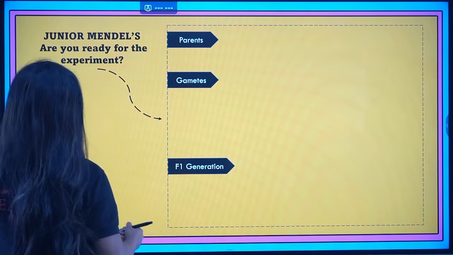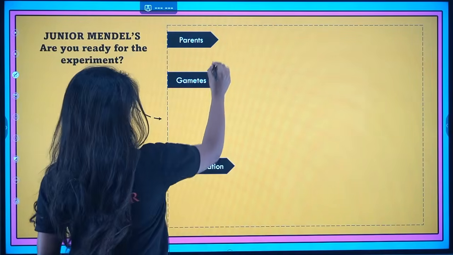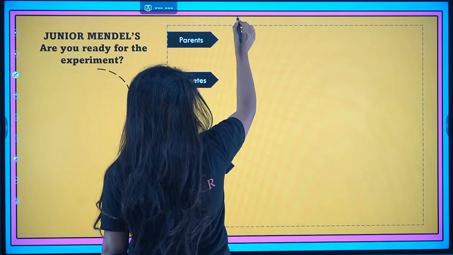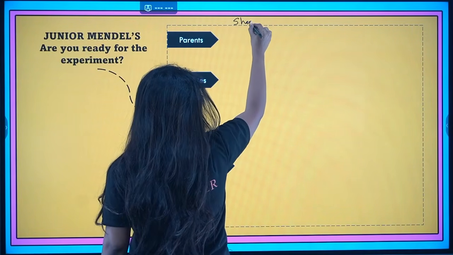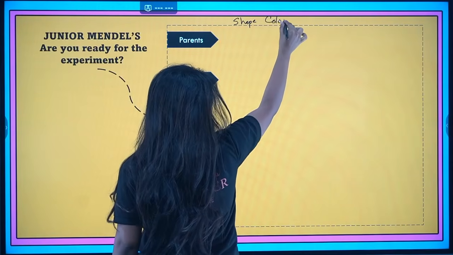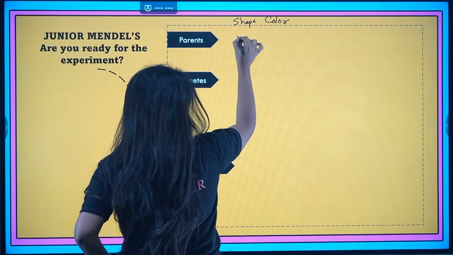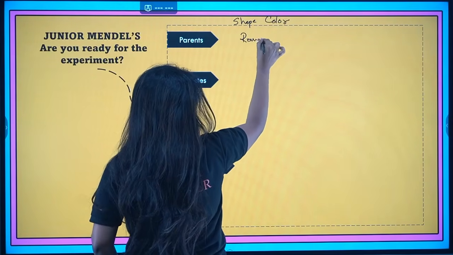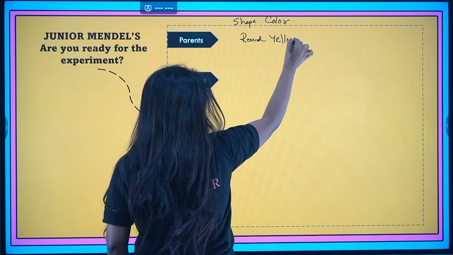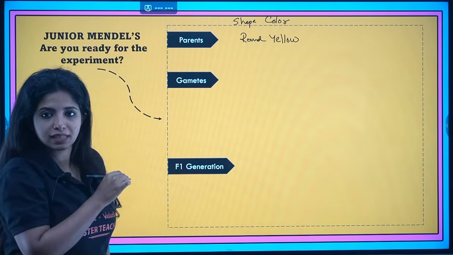Okay, so over here, I am going to take 2 things, that is the shape and the color. Suppose it is round and yellow. This is seed shape and seed color.